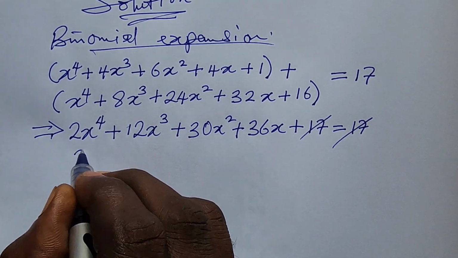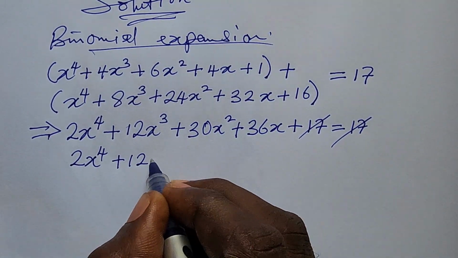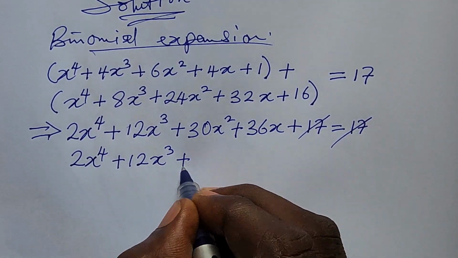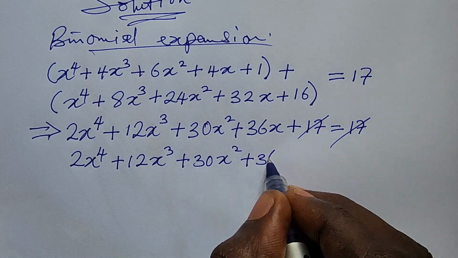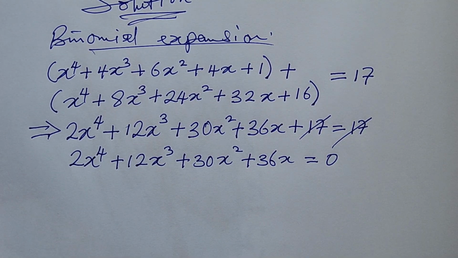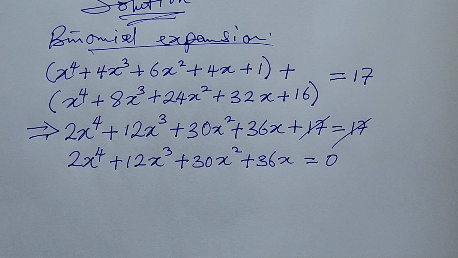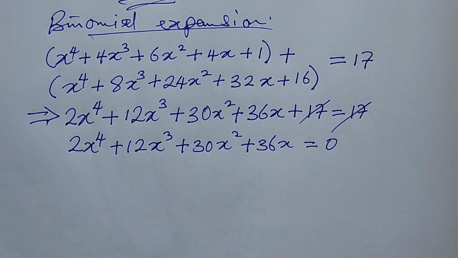So we are now left with 2x^4 + 12x^3 + 30x^2 + 36x = 0. Easy. Good. So if you look carefully, you discover that 2 is common. So let's divide through by 2.